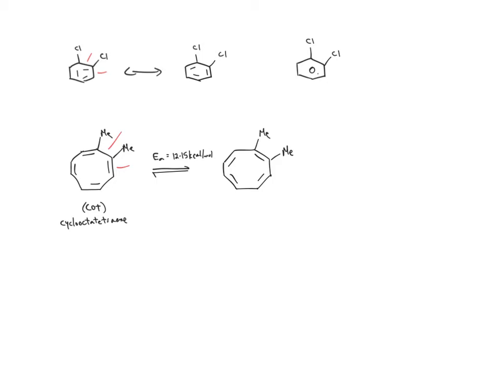Well, the reason for the difference between 1,2-dichlorobenzene and cyclooctatetraene is a property known as aromaticity. We say that benzene-like molecules are aromatic, and this was originally because these compounds smelled sweet. And we say that compounds similar to cyclooctatetraene are what we call anti-aromatic.